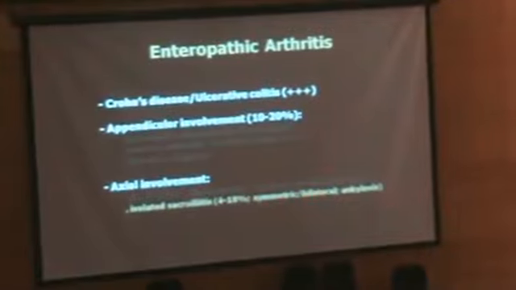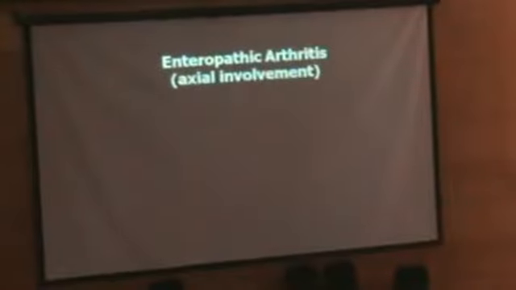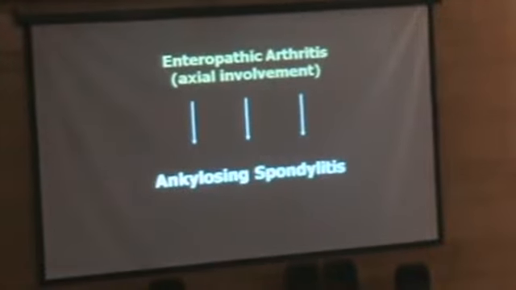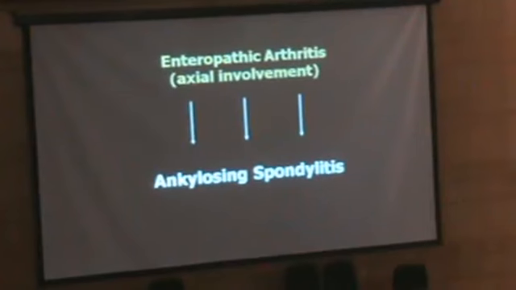We can see some ankylosis as well. So basically, the axial involvement of enteropathic arthritis is very similar to ankylosing spondylitis. We just have to know if the subject has a clinical history of bowel involvement, of Crohn's or ulcerative colitis.